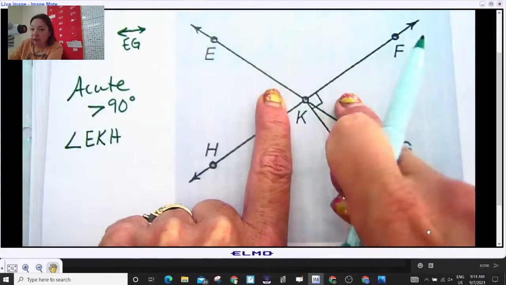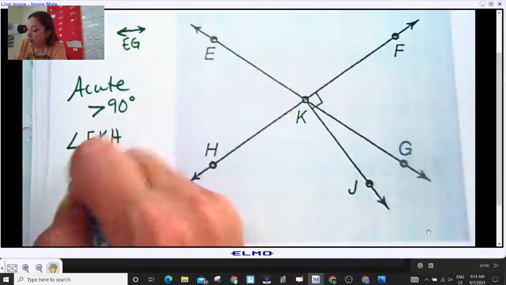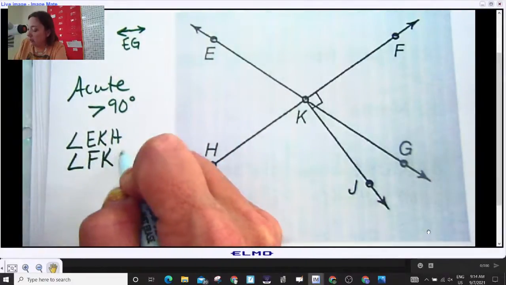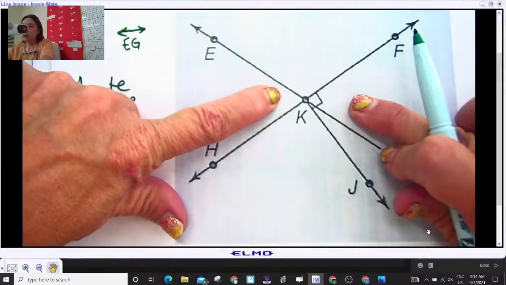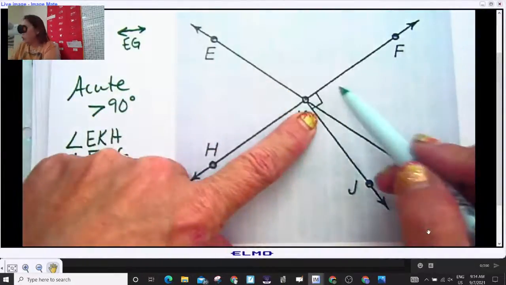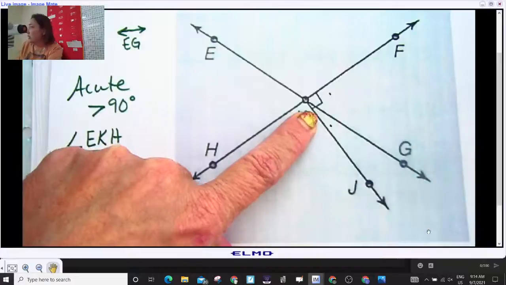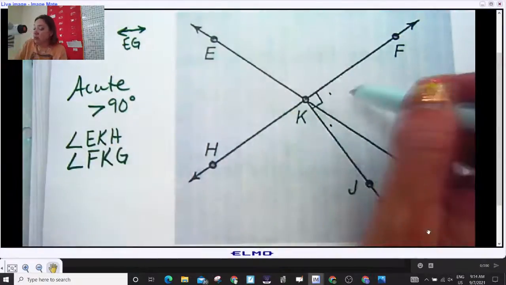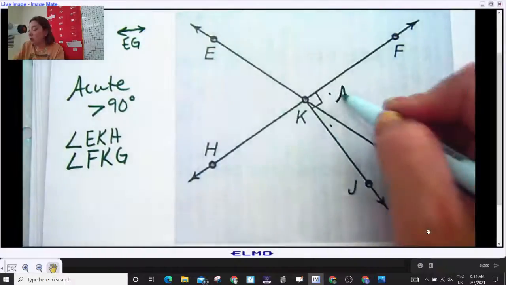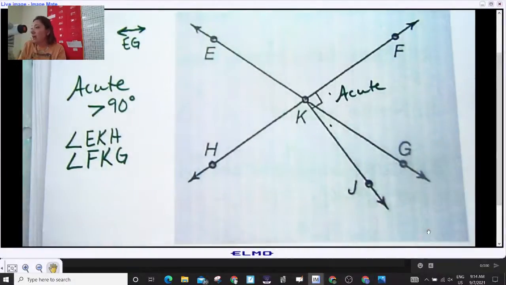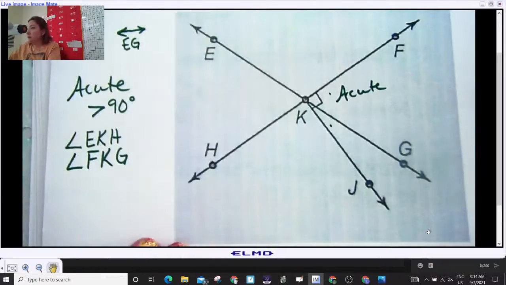Y'all see that guy right there? Angle FKG. Notice those are acute. They are smaller than 90. How do we know that? Well, because this angle here and this angle here add up to 90. So that angle has to be less than 90. That's how we know it's acute. If that wasn't there, we wouldn't know for sure. But based on that information, we know it's acute. Does that make sense? Okay.